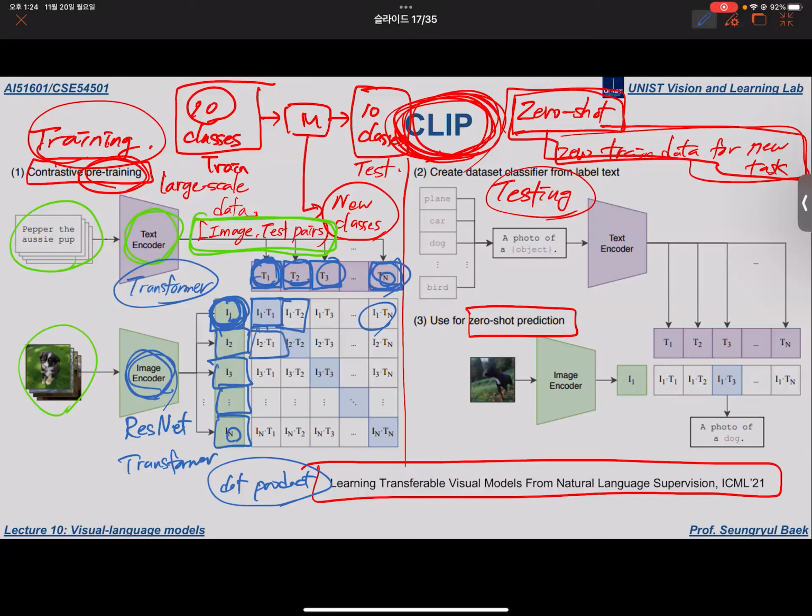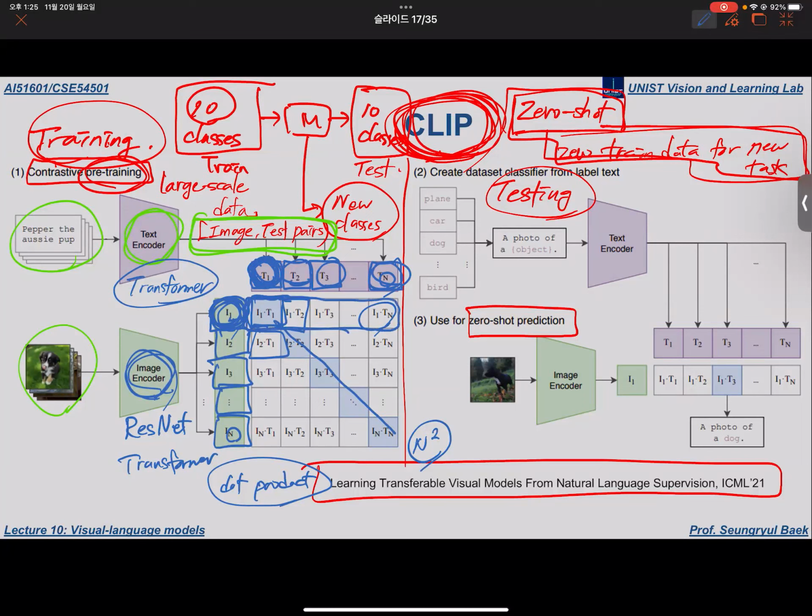Anyway, we get these n squared dot product values, and they denote the similarity. Actually, this is the first data's text description, and this is the first data's image feature, right? So we have to enforce the ground truth pair to have the highest similarity.